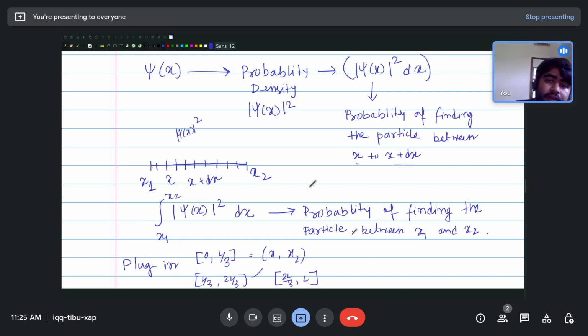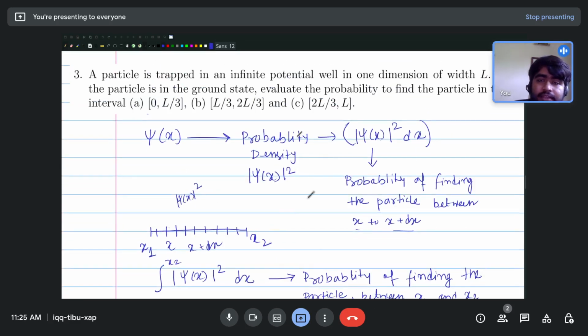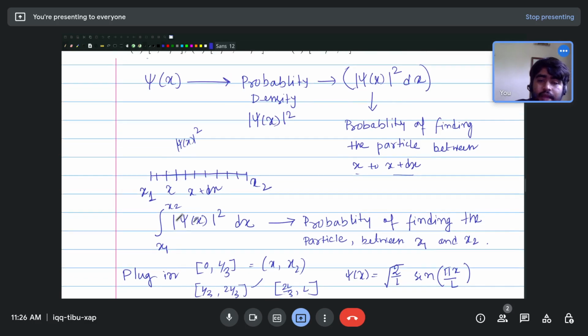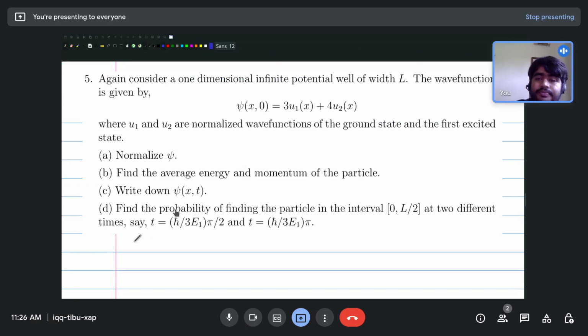As the question mentions, the particle is in the ground state, so psi(x) is given by the square root of 2/L times sin(pi x/L). This is your wave function in the ground state. Use it and calculate the integration to find the probability of getting the particle between these points. I'll leave this integration for you to do, and I'll move on to the next problem.